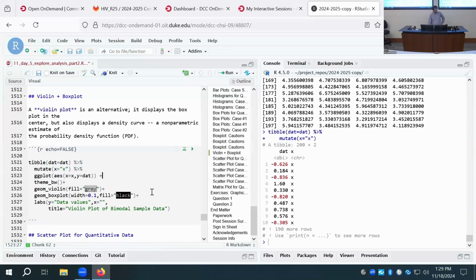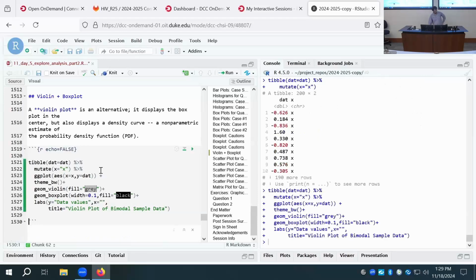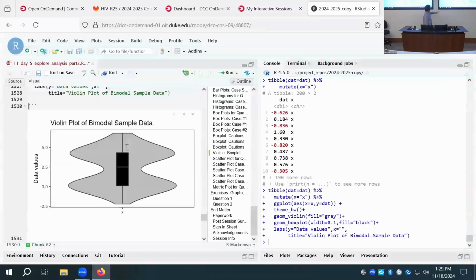So if we do geom violin and geom box plot, it overlays, so we have the estimated density here, and you can see that bimodal. And on top of that we have the box plot. So this is a way to combine it to get an idea of what's going on in the data.